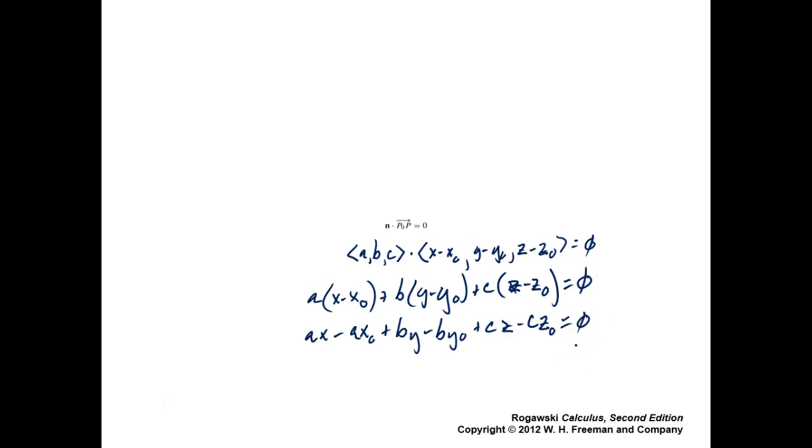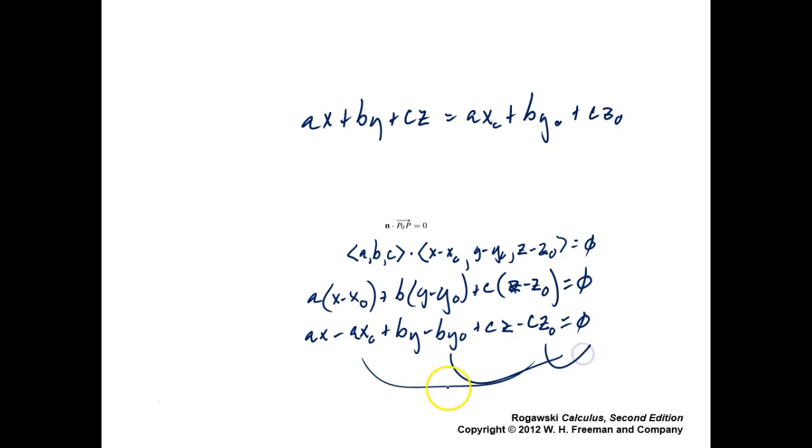Now, what you could say from there is that ax plus by plus cz is equal to ax0 plus by0 plus cz0. If you move these three terms to the other side, add them to the other side, then you get this. And that is what they have here. I'll blow this up.